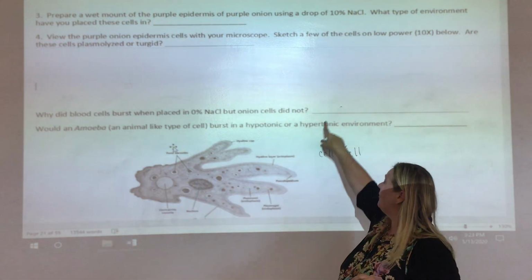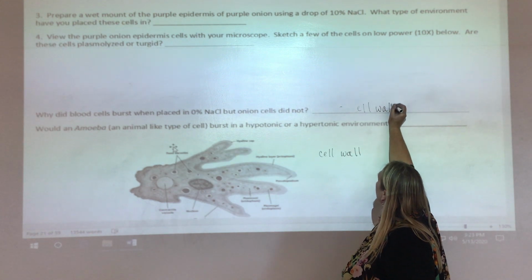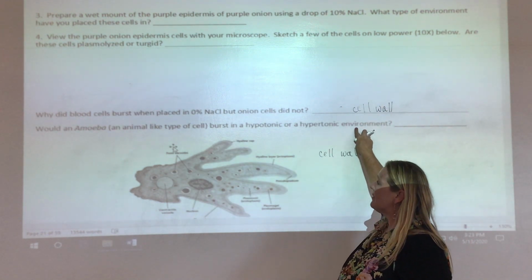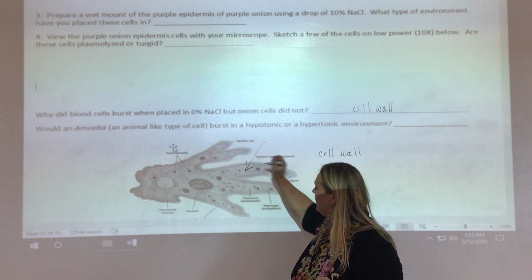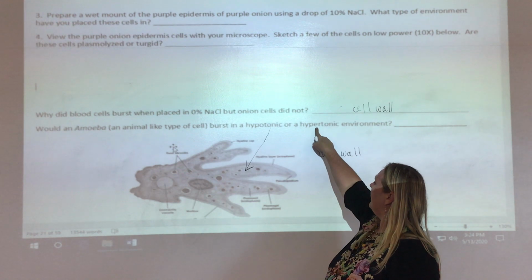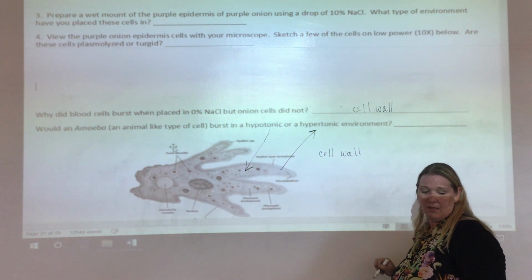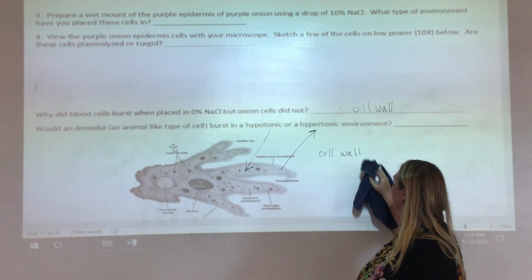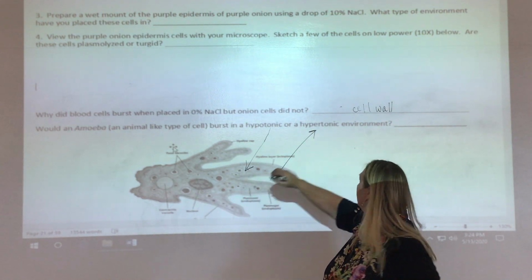It does not have a cell wall. In this environment, water is going to go into the cell, and in this environment, water is going to go out of the cell. Which one would it burst in? Hypotonic solution.